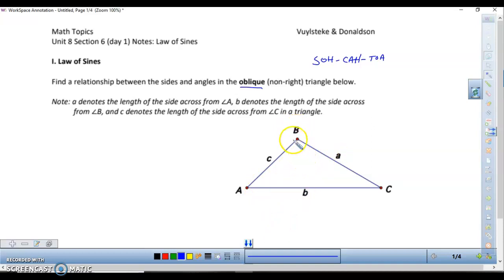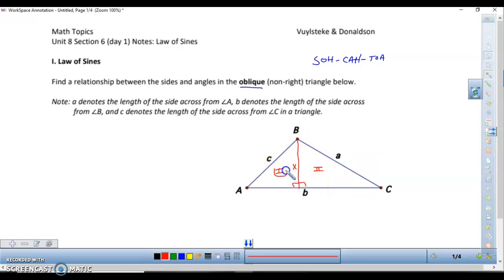So what I'm going to do is cut this original triangle into two right triangles. This one and this one. Call the one on the left triangle 1, and the one on the right triangle 2. And I'm going to call this length here x. So here's what I know.